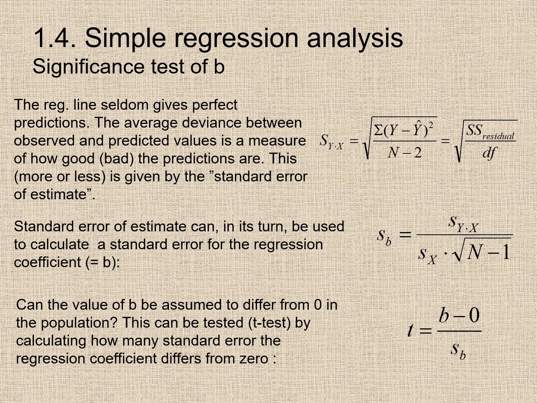Here it's actually called standard error already, but it's more like a standard deviation. But from that we can calculate a standard error of the regression coefficient with this formula. We take the standard error of the estimate and divide it by the standard deviation of the independent variable multiplied with the square root of sample size minus 1. That gives us a standard error for the regression coefficient.